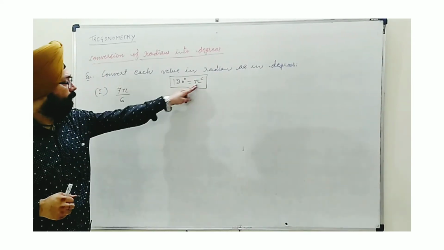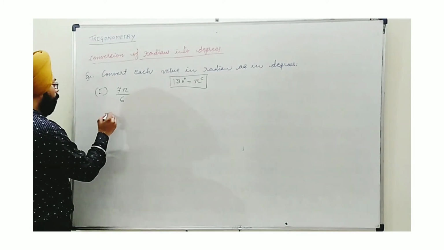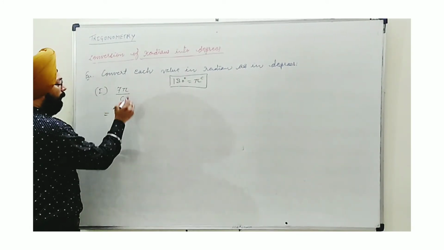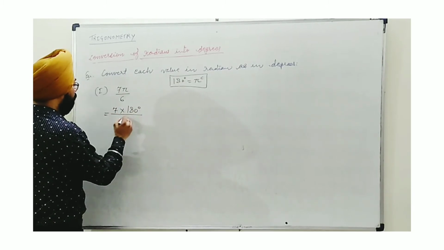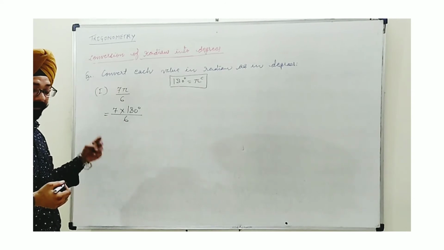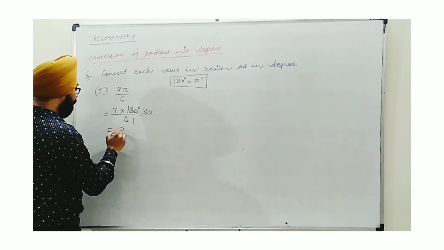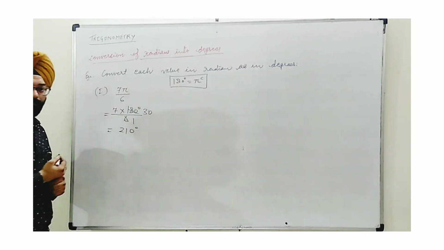How? As we know that pi, its value is 180 degree. Okay, so simply what we can do, replace pi by 180 degree, and after cancellation and all, whatever is left is degree. Okay, so this will become 6 1s are 6, 6 3s are 18, it comes 210 degree.